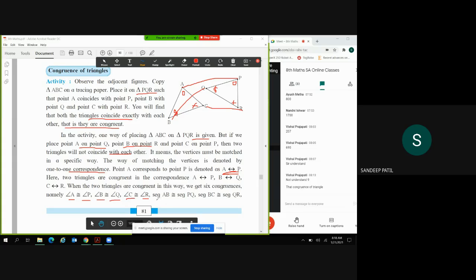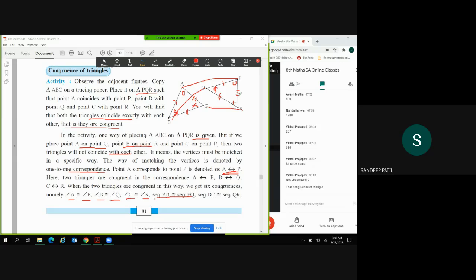Okay, so segment AB is equal to segment PQ. Segment BC is QR, and the last one is the remaining pair.